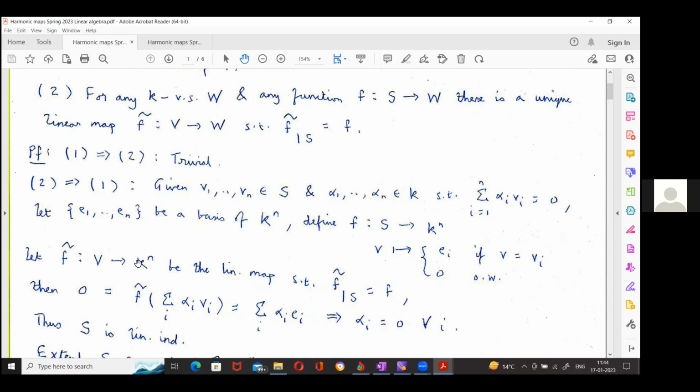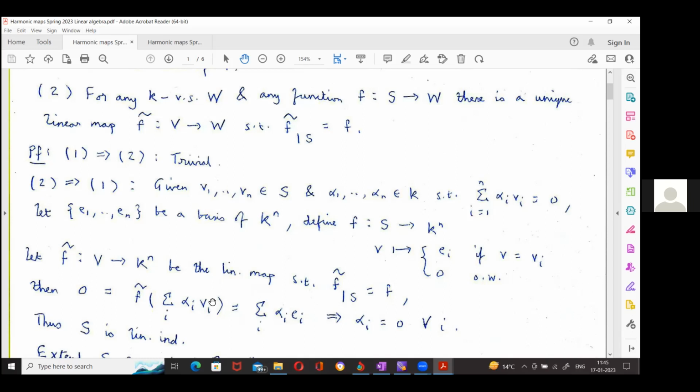Then this F extends to a linear map F tilde, and F tilde maps the vectors v1 to vn to the linearly independent vectors e1 to en. That implies that v1 to vn must be linearly independent.